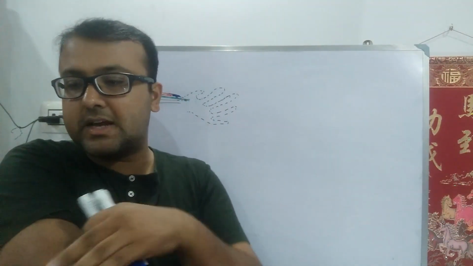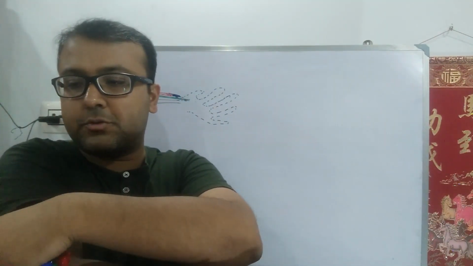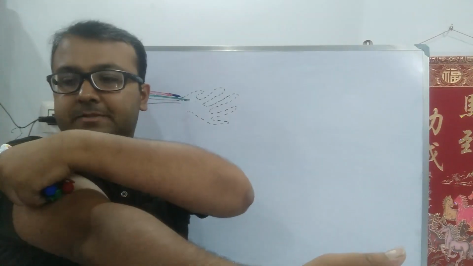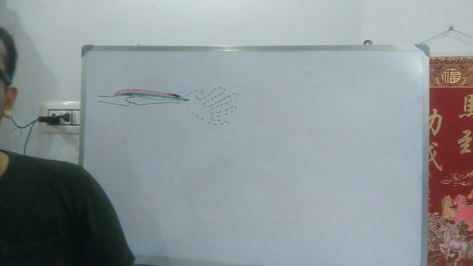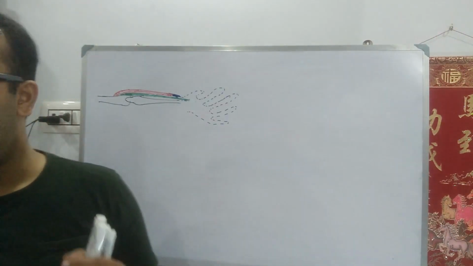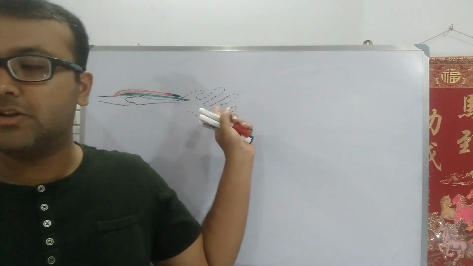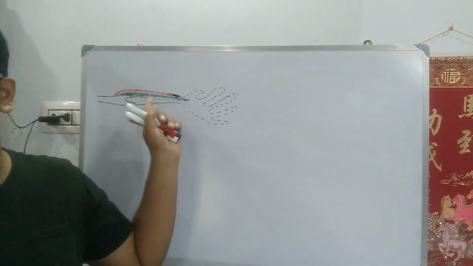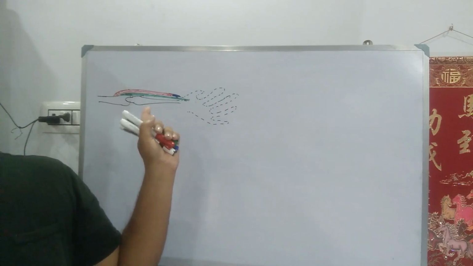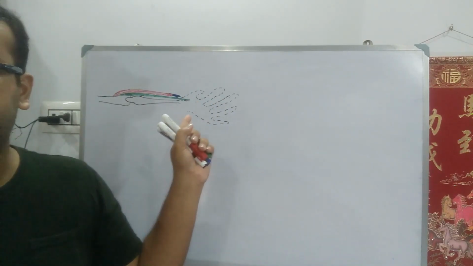That means if this muscle is going to pull, your hand is going to move in this manner, extension. So remember, we are talking about the extension from the lateral supraepicondylar ridge of the humerus to the dorsal aspect of the base of the second metacarpal.